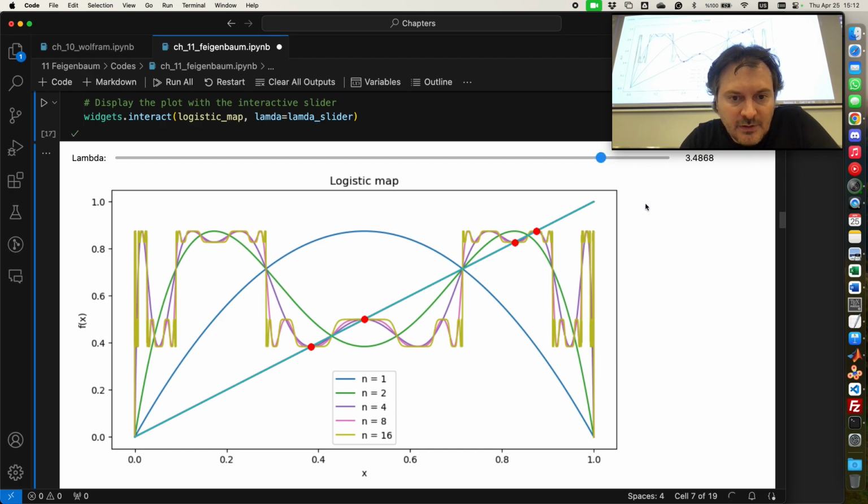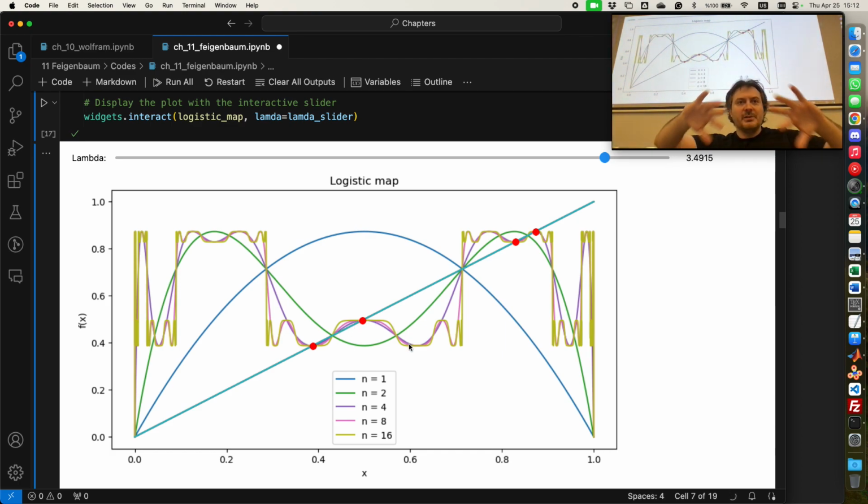I'm sorry about these glitches. Now look at F4, which is purple. Do you remember the previous one? So now F4 is the same one but flipped down. Okay? So that's the renormalization.